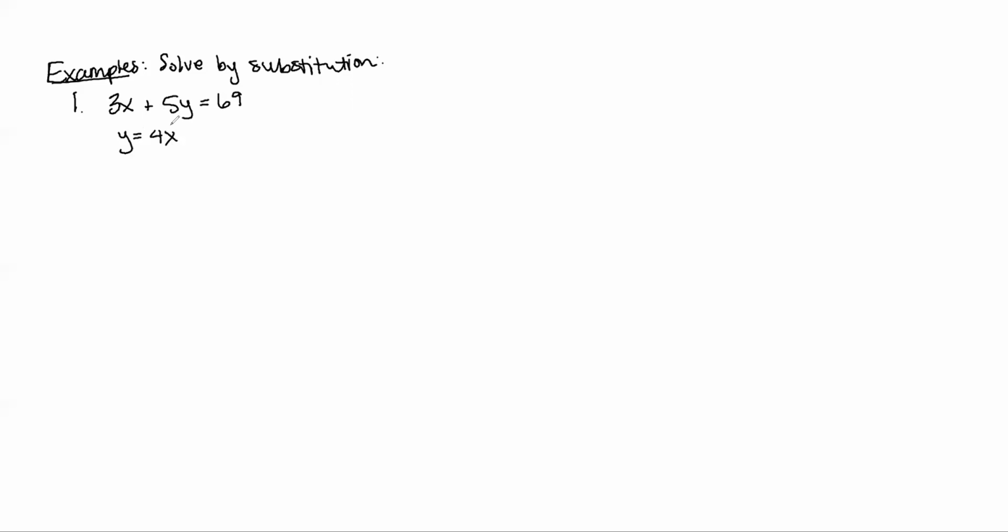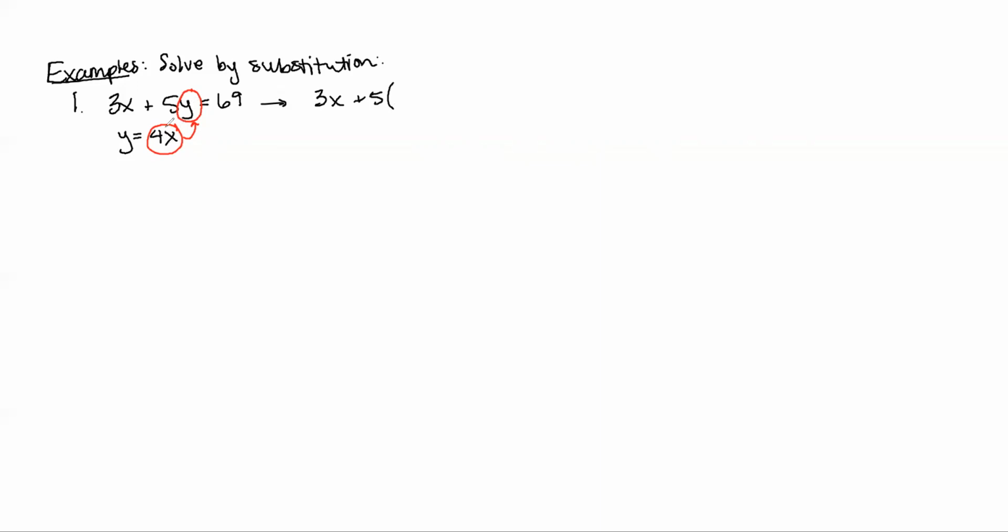We're going to take the fact that y is equal to 4x, and replace y in our other equation with 4x. We're going to substitute it in, and then I'm going to replace this first equation with our new equation. So this becomes 3x plus 5 times, and a really good habit to get into is using parentheses here.